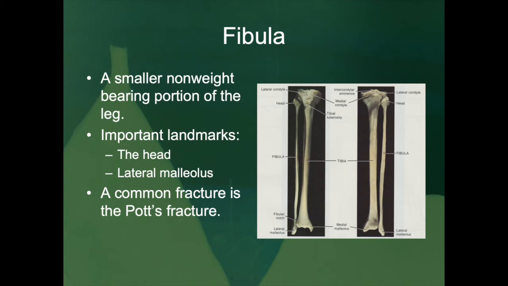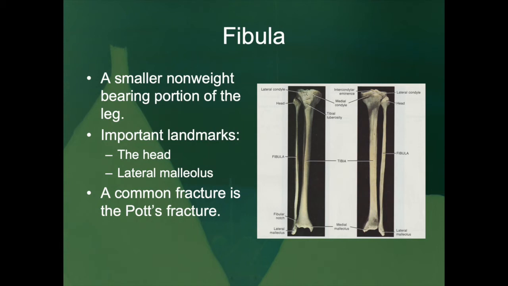The distal end has a projection called the lateral malleolus, and this articulates with the talus bone of the ankle. This forms the prominence on the lateral side of the ankle, which again you could feel. The anterior portion of the fibula also articulates with the tibia at the fibular notch.